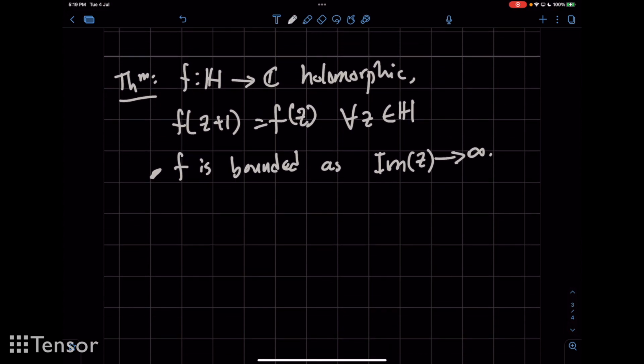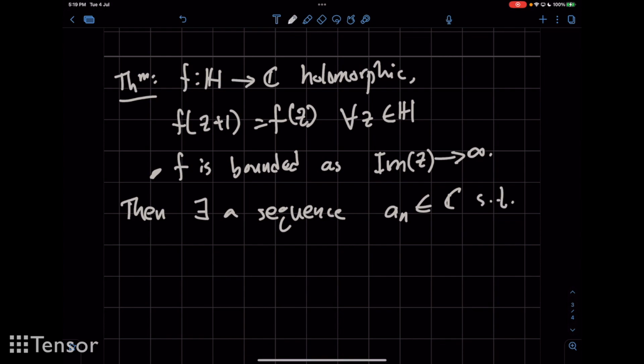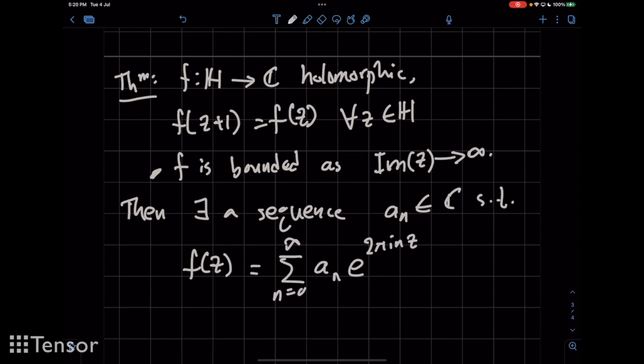So if f is a holomorphic function on the upper half plane, and f is periodic with period 1, and also f is bounded as the imaginary part of z goes to infinity, then there exists a sequence of complex numbers a n such that f of z is equal to a sum of a n e to the power 2 pi i n z, where n runs from 0 to infinity.